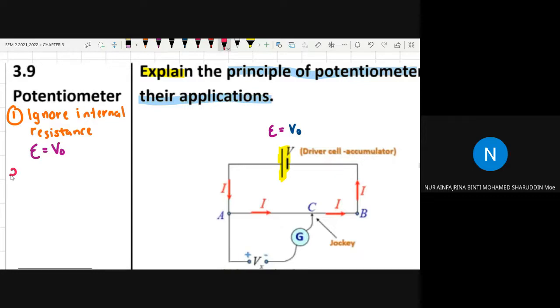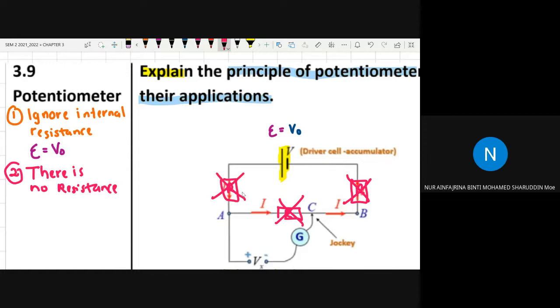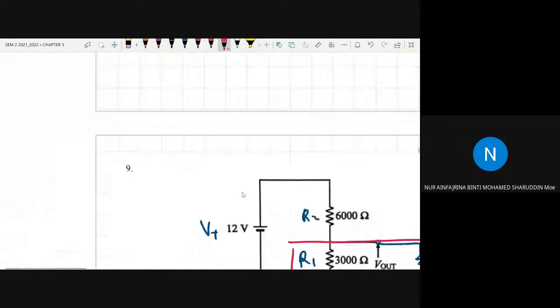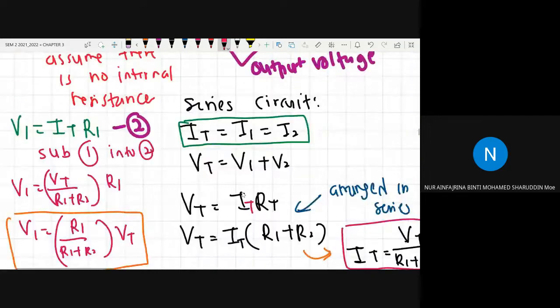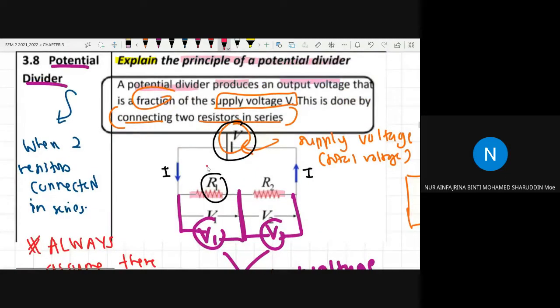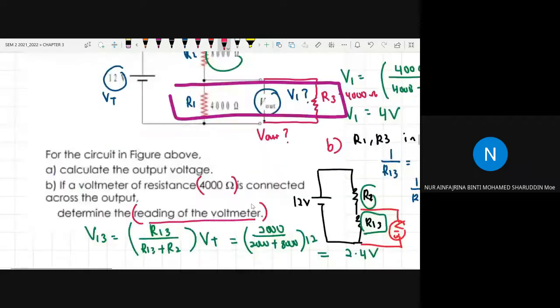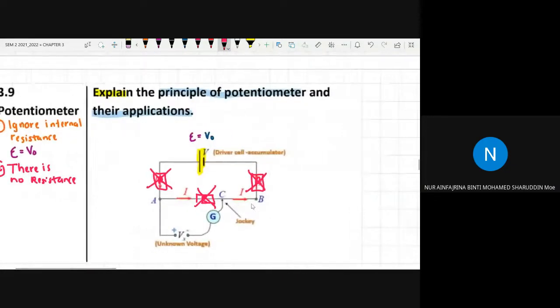Okay. The second thing you must understand about the potentiometer before Miss explains is that we ignore resistance. It means there is no resistance. So there is no resistance here, here, here. None. But in the case of the potential divider, we need the resistance. We need it, connected in series. But for the potentiometer, we do not take the resistance into account.